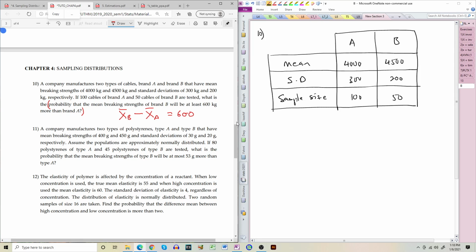Identify which one is more, minus the other one. How much more is it? 600, but don't put equal here. They say at least. At least means greater or equal. So you start from here.